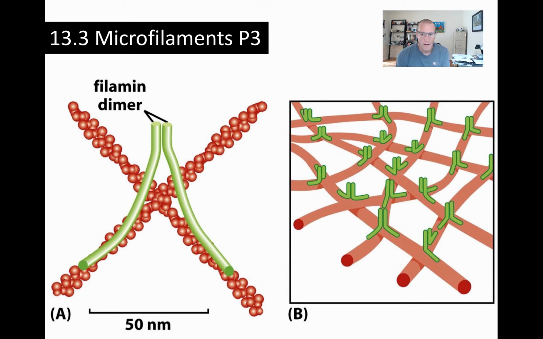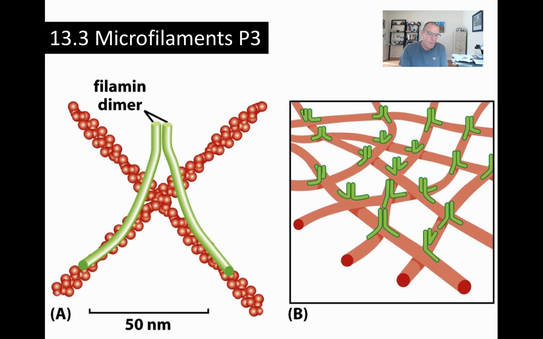So the cell also has this loose network of actin, and there are certain proteins such as filamin that you see here which can cross-link the actin filaments so that we actually get a network of bound together actin microfilaments. And so you can think about filamin here as kind of splicing these two actin filaments together and holding them in place to create this kind of network.